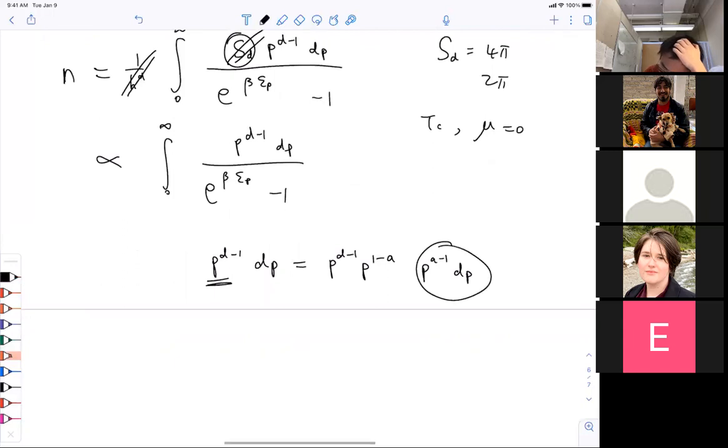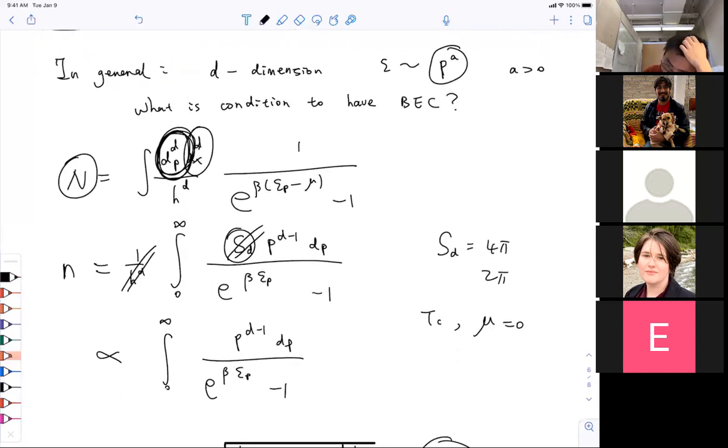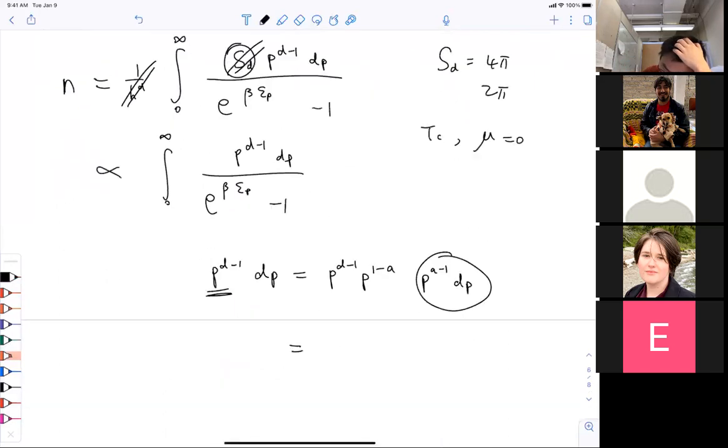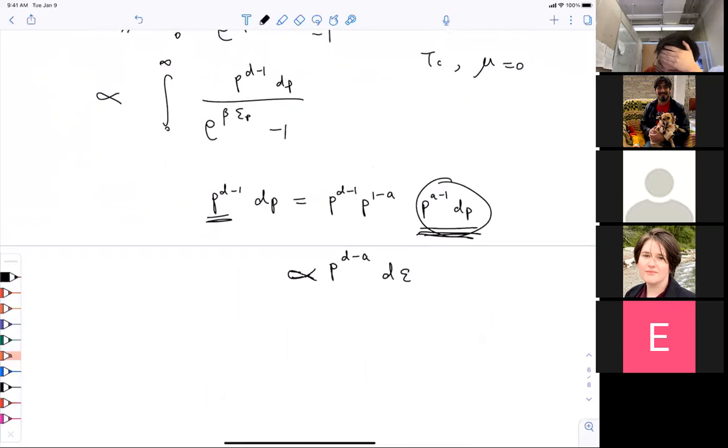By the way, physically we would assume this A is positive, meaning that at a smaller momentum, the energy is lower. So it's given by p^(D-A) times d epsilon, with some prefactors I don't care about. Now we convert this p into epsilon.